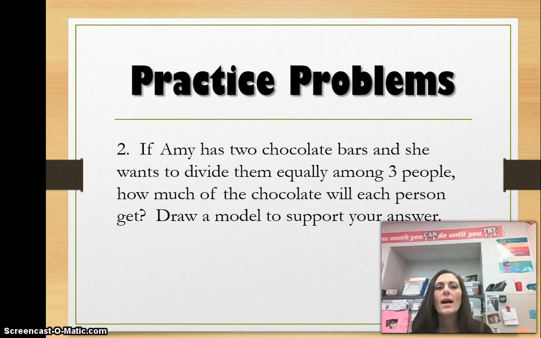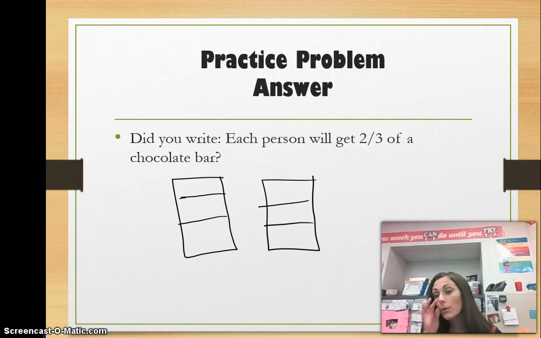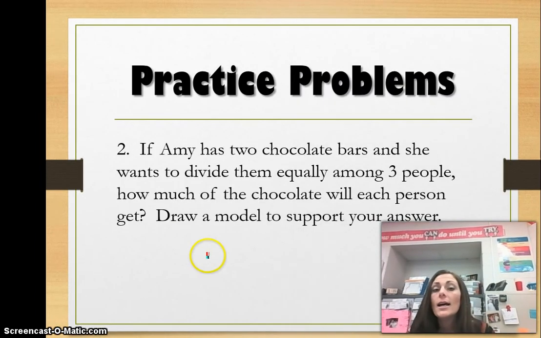Here's another one. If Amy has 2 chocolate bars, she only has 2, and she wants to divide them equally among 3 people, how much of the chocolate will each person get? Draw a model to support your answer. So, here are my 2 chocolate bars, okay? And we're going to go back. There's 3 people.